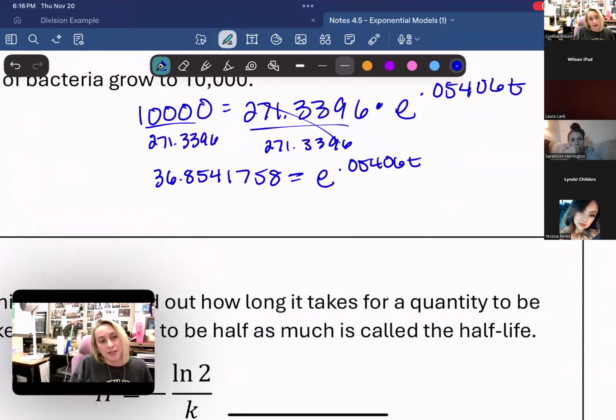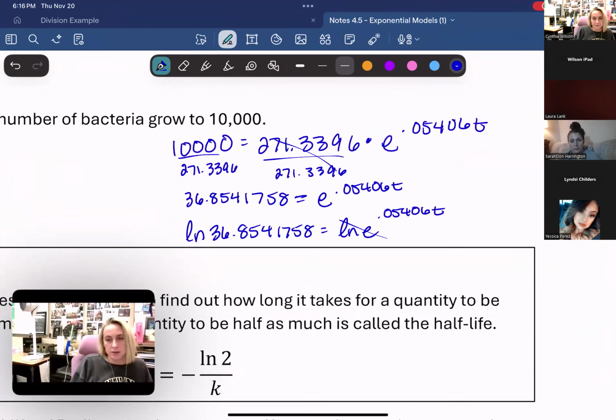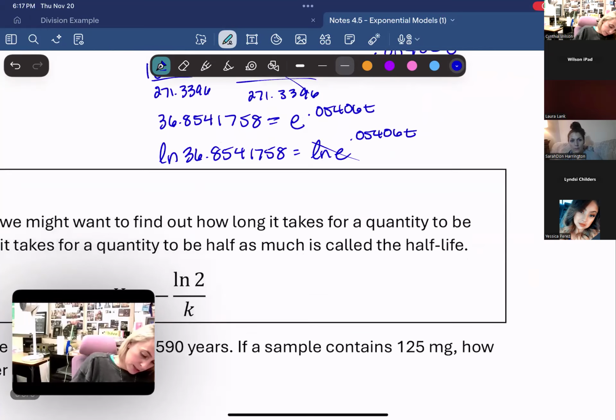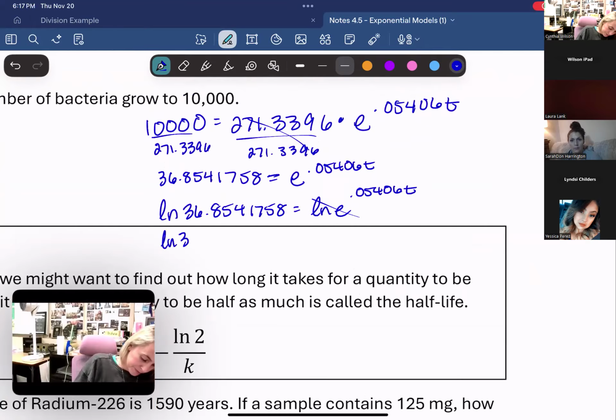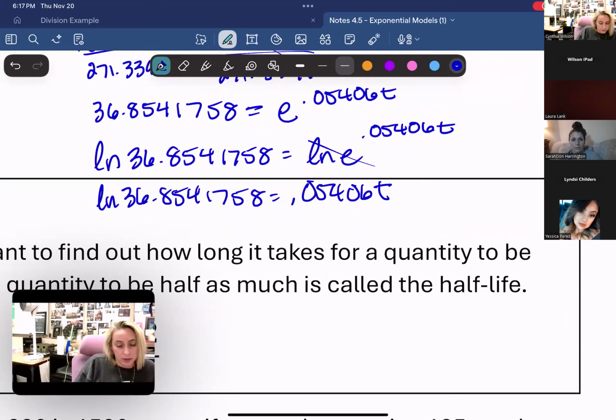All right, now you're going to take the ln of both sides. So ln of e cancels. And then you're going to divide both sides by that 0.054.